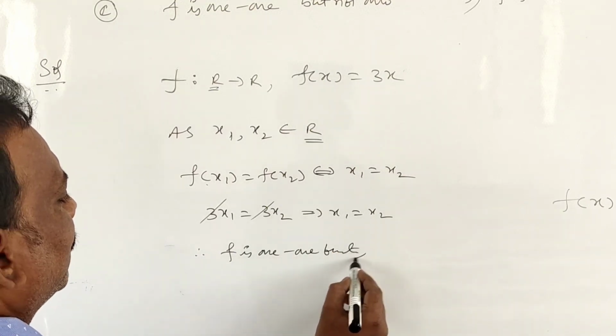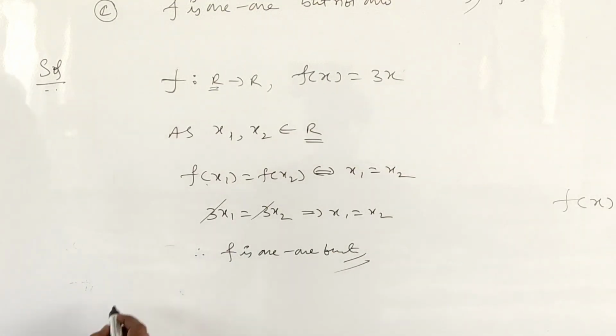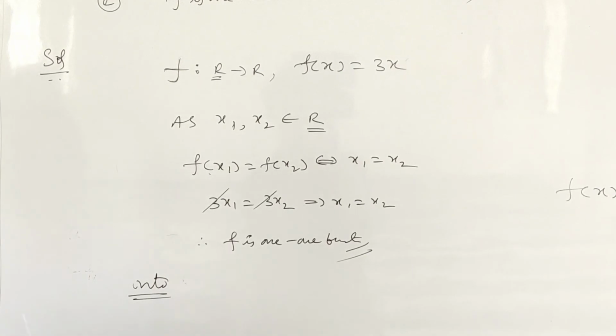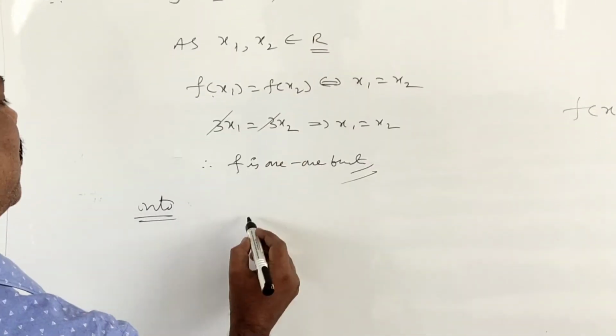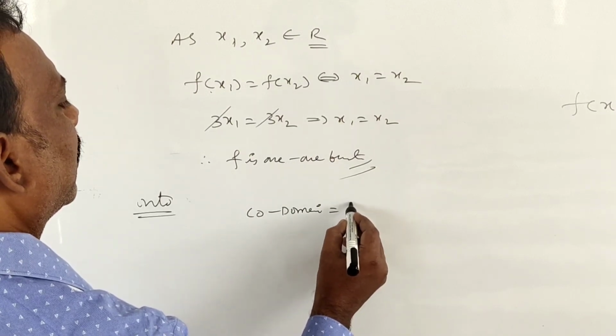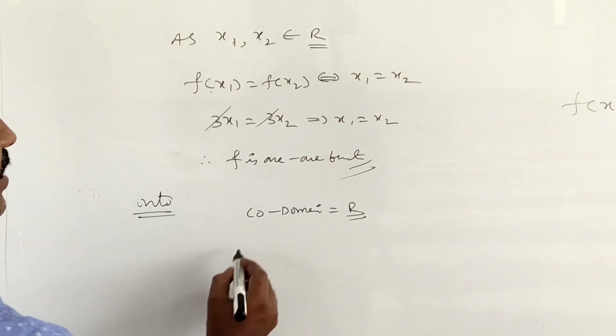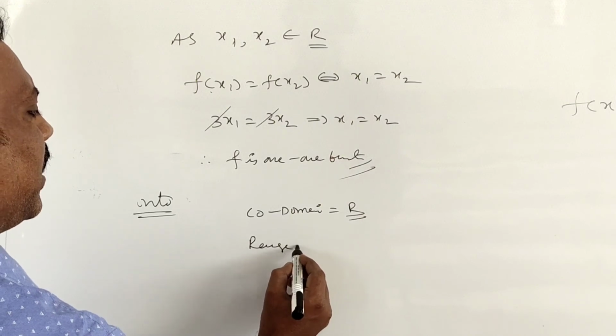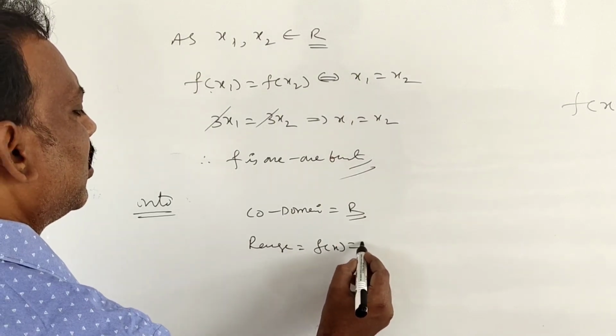So one-one is possible. Next we are going to check whether it is an onto function. How to check onto? Range is equal to codomain. So f is a mapping from R to R. What is the codomain? Codomain is equal to R. What is the range? Range is f of x equals 3x.